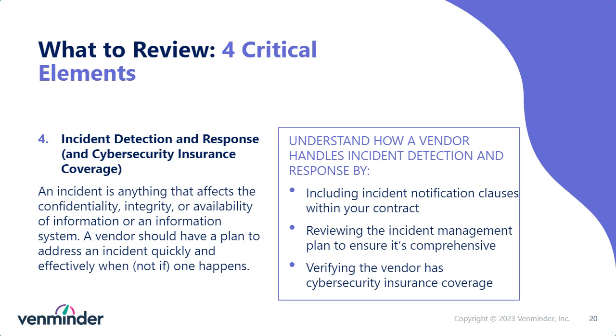And incidents happen. It truly is inevitable. They can be small incidents or they can be really big breaches. The key to minimizing the impact is discovering them quickly and then having a plan already in place and well practiced to address them quickly and effectively.